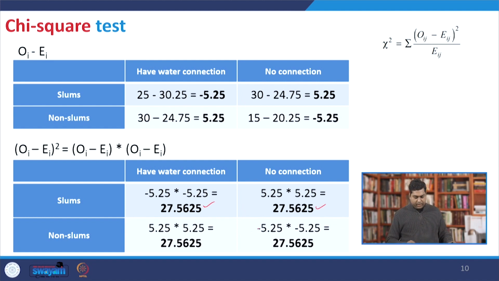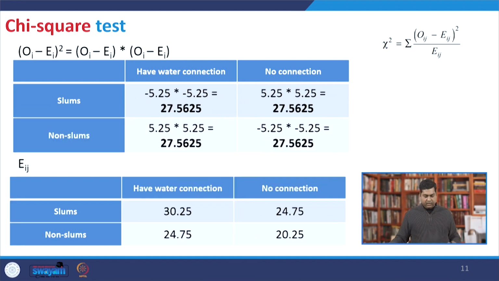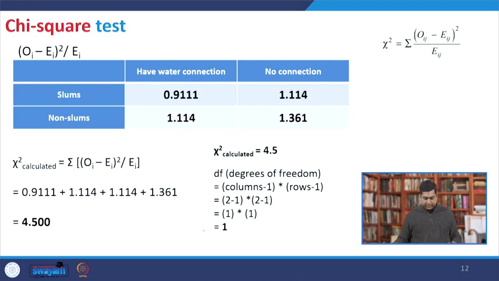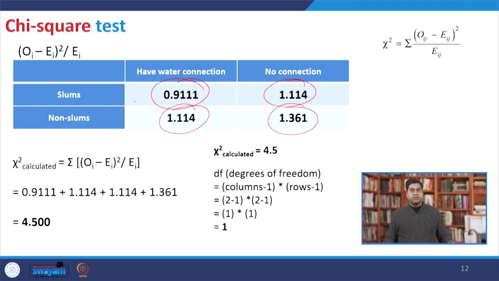So like that we have calculated the square. Now the next thing is that, once we have those values, we have to also divide by Eij. So these are the values you have for (Oij minus Eij) squared, and then this is divided by Eij. Now in this particular case you are getting a value in the 4 respective cells, right?